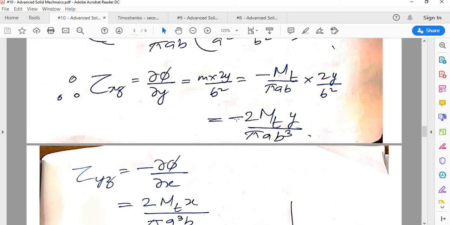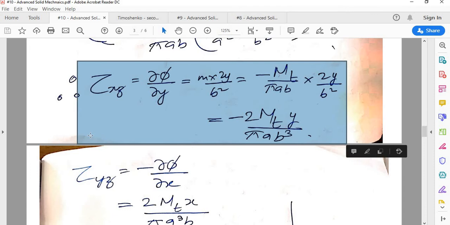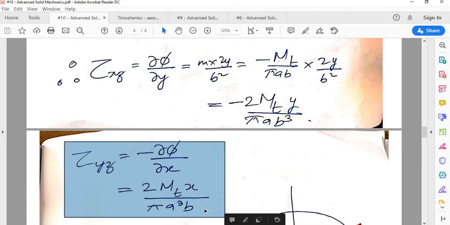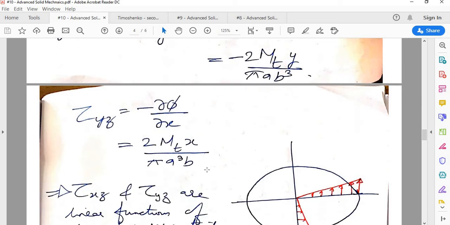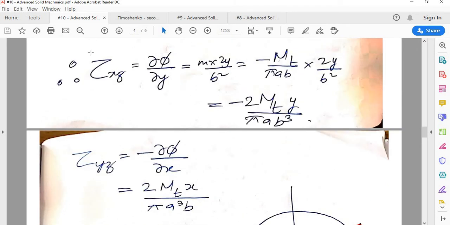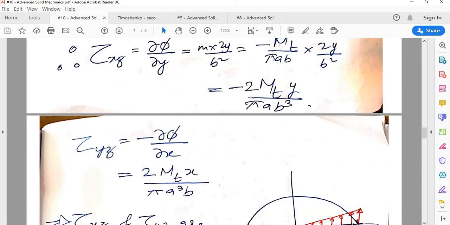Now, we are always interested in the maximum stress. So we got the expressions for stresses. What will be the maximum stress? One thing we know: as y and x increase, the stresses also increase. So out of tau xz and tau yz, which will be maximum? The maximum will be the one which has the lower denominator.